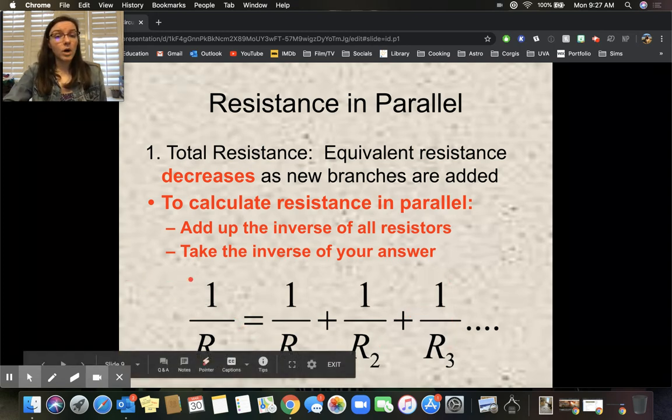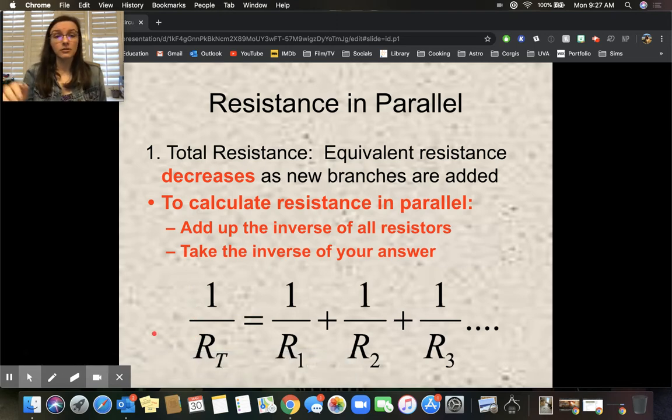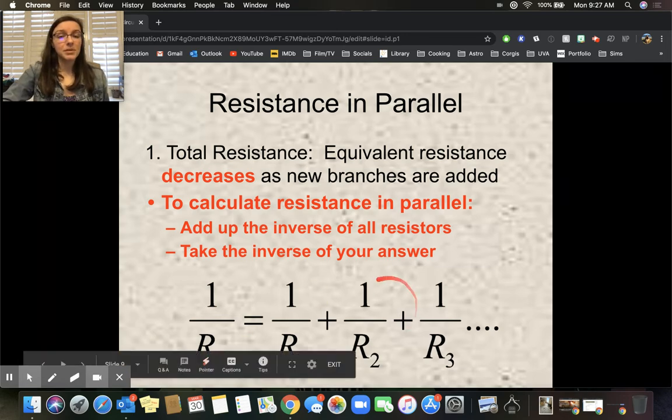So now I have 1 over total resistance is equal to 3 over 2. I can take the inverse or just flip both sides upside down to get the total resistance is 2 over 3. This is going to be where it gets confusing and tricky, in my opinion, but as long as you remember to keep each part separate, and then at the very end to flip everything, you'll be okay.